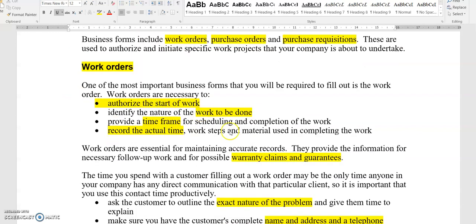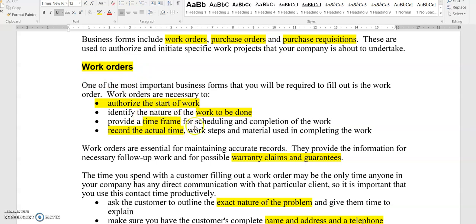So for example, if a piece of equipment you installed has a certain warranty, let's say a 2-year warranty, and you came in and you did the work, and your work is backed up by the work order, it will have a date when the work was completed.